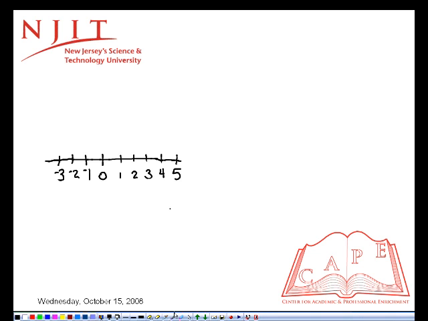And that's by saying that A is less than or equal to B, or A is greater than or equal to B. The line underneath the inequality sign implies "or equal."